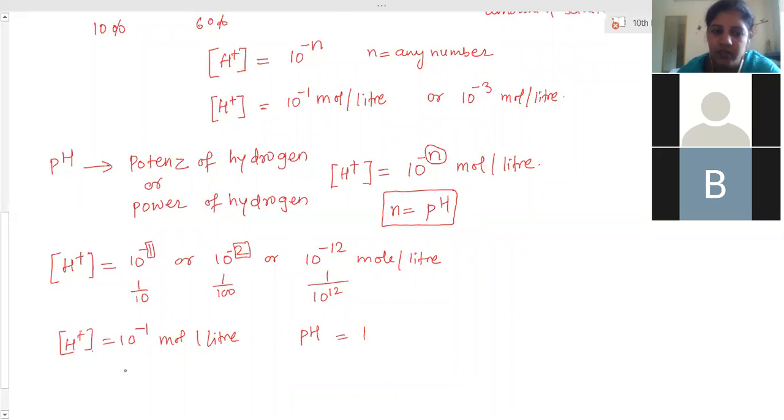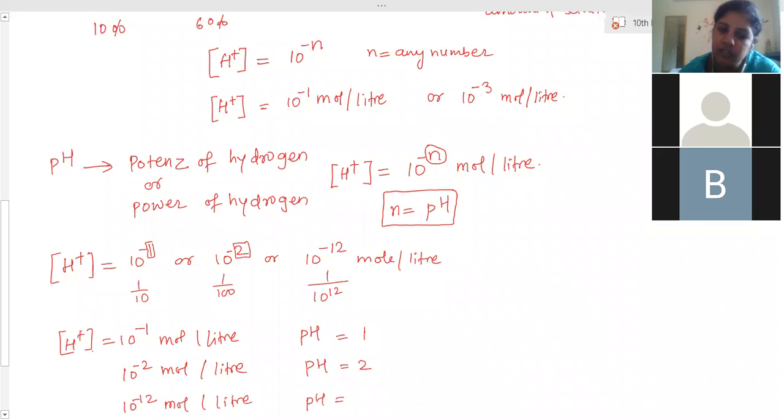For 10 to the power minus 2, pH will be 2. Anyone has 10 to the power minus 12 mole per liter? pH is equal to 12. Okay. Now is it clear what pH actually means?